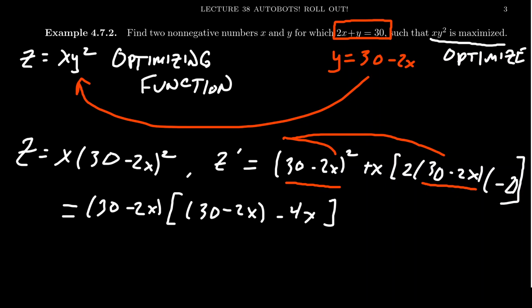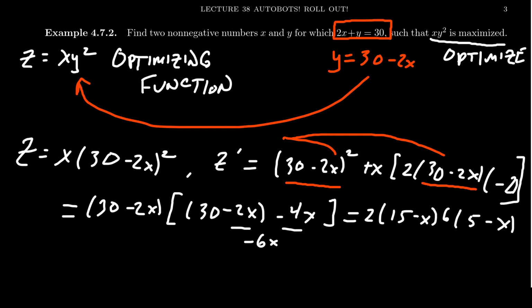You can factor out a 2, leaving 15 minus x. And then if you take the negative 2x minus 4x, that gives you negative 6x. And then 6 and 30 also have a common factor of 6. If you factor that out, that'll leave behind 5 minus x, like so.